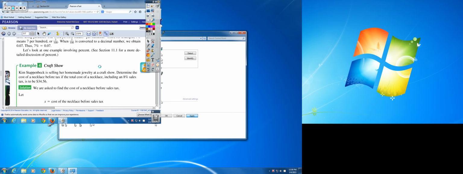So, Walmart equation. Walmart equation says X plus or minus percentage X is equal to the total. Now, what are taxes? Are they added or subtracted? Added. So that's X plus percentage X is equal to the total. So we're given the total is 34.56.